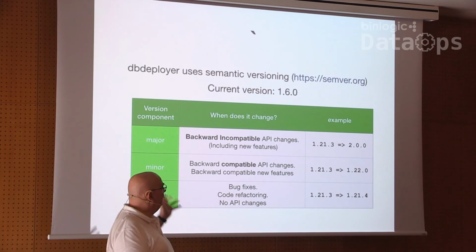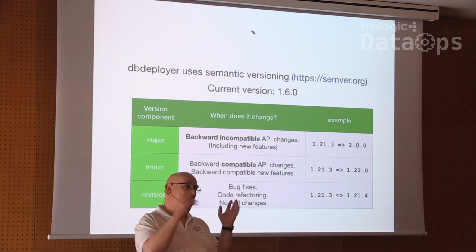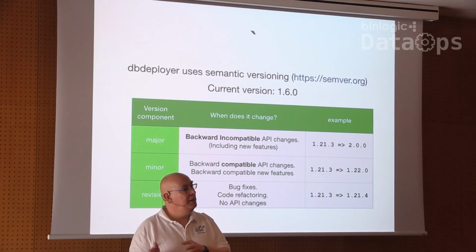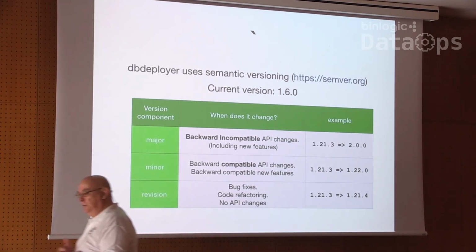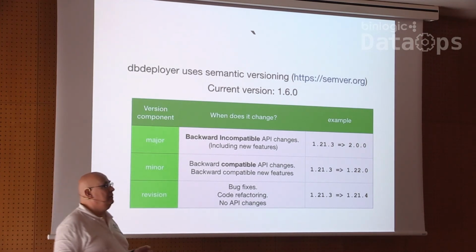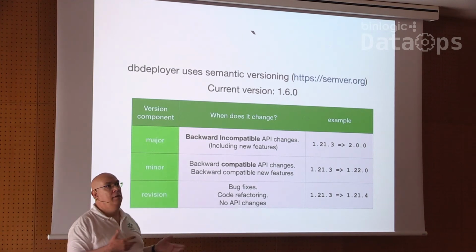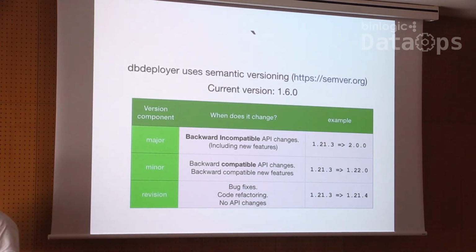So if you see a change of this kind, you know that there is something really good, but also there is the risk that something that was working so far might not work later on. So this is called semantic versioning, that using the number tells you whether you should be concerned about this latest release or not.